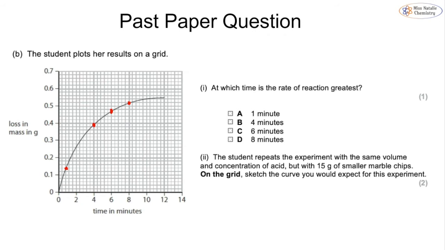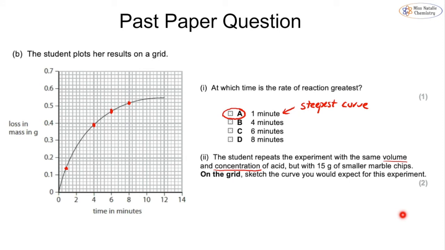And you can see very clearly at 1 minute, this has got the steepest curve. So our reaction will be happening the fastest at the beginning, at 1 minute. And we know that in two ways. One, the curve is the steepest, and two, it is the beginning of the reaction, and that is always when the reaction happens fastest.